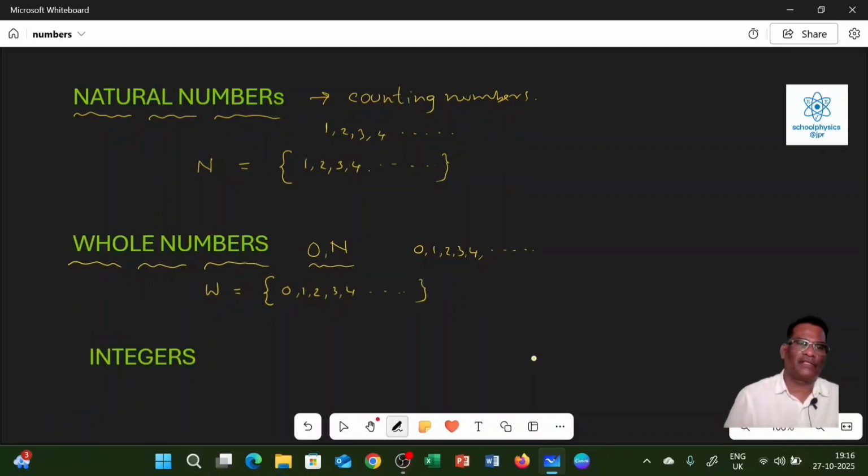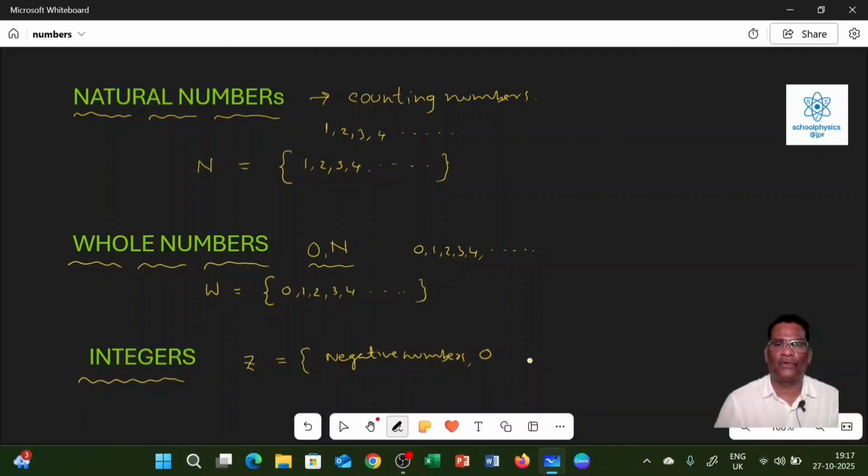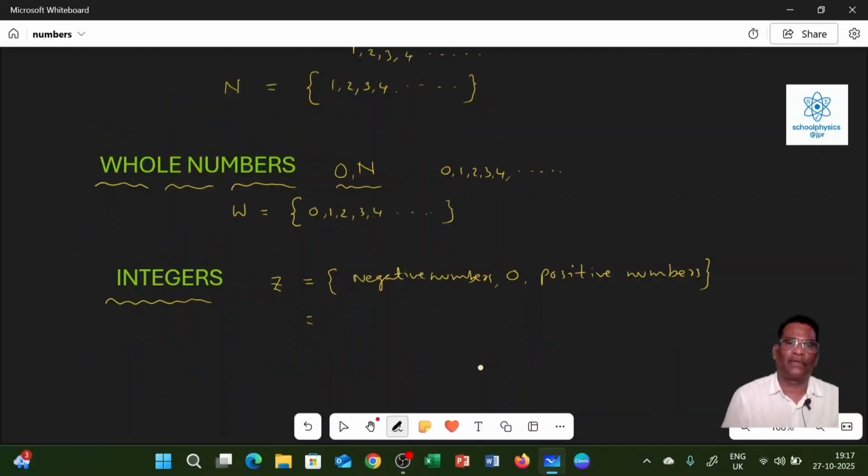The next one is the set of integers. The negative numbers, 0 and positive numbers are called integers. Integers are represented by Z. Z is the set of negative numbers, 0 and positive numbers.